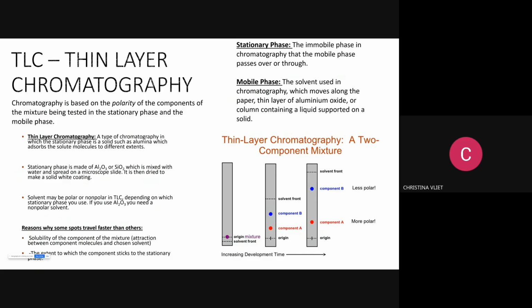So the white part of your chromatography, this is what we call the solid phase. It is made out of either aluminum oxide or SiO2. So it's made out of aluminum oxide. Don't taste it. And so how do they get this white paste?